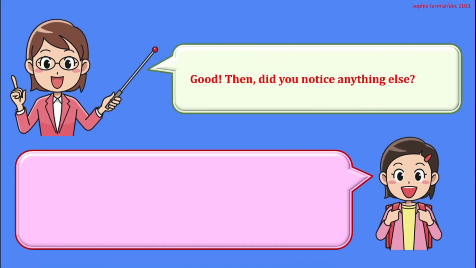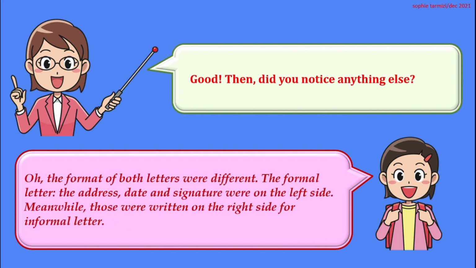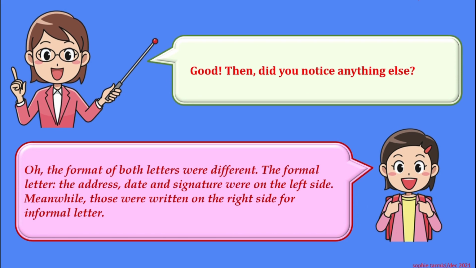Good. Then, did you notice anything else? Oh, the format of both letters were different. The formal letter, the address, date and signature were on the left side. Meanwhile, those were written on the right side for informal letter.